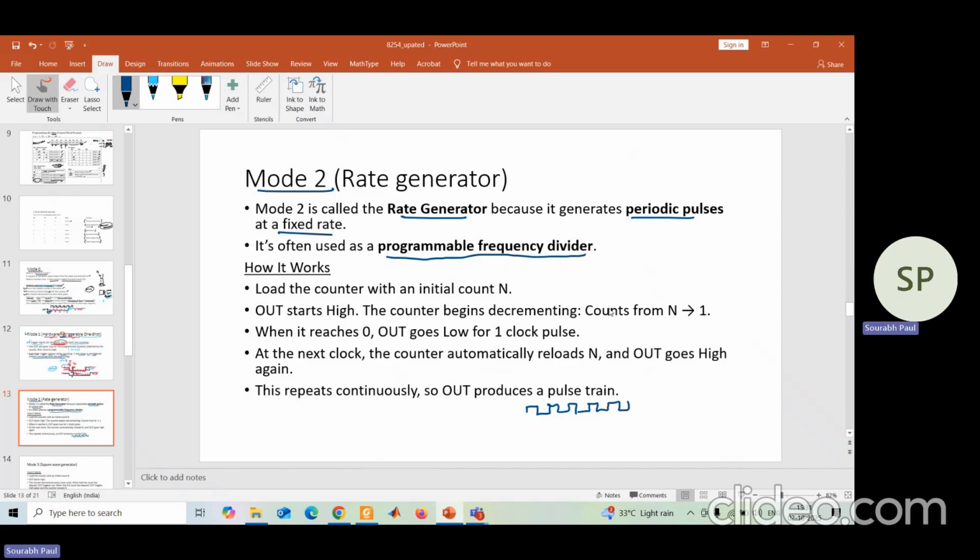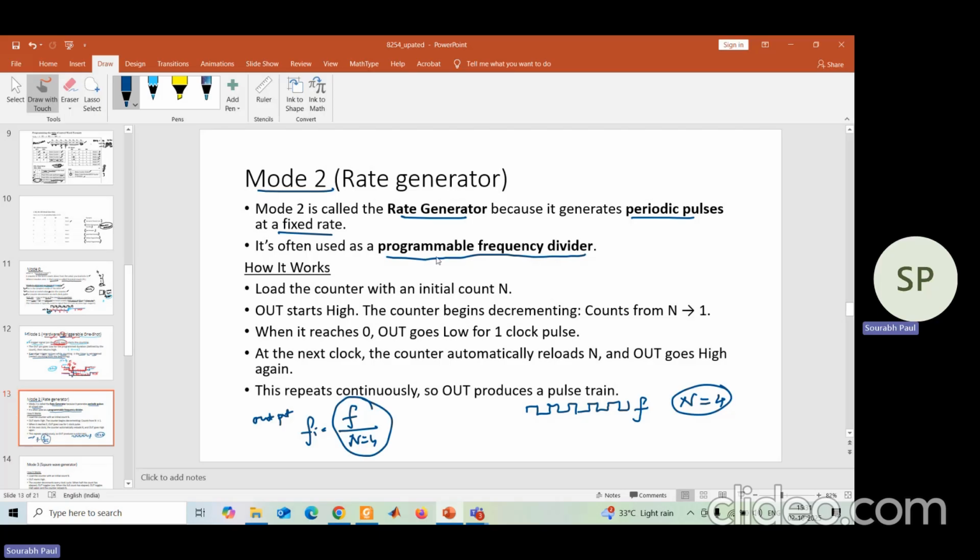For example, you are assigning a count value of n equal to 4, and the frequency of the clock signal is f. Now, if this clock is applied to this particular counter in mode 2, then the signal you are getting from the output terminal of the counter, its frequency will be f by 4.